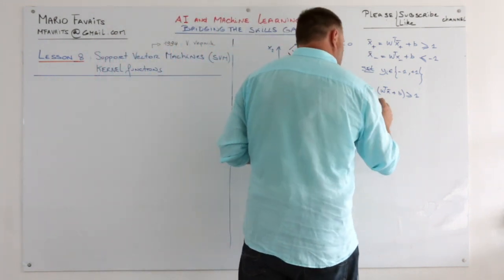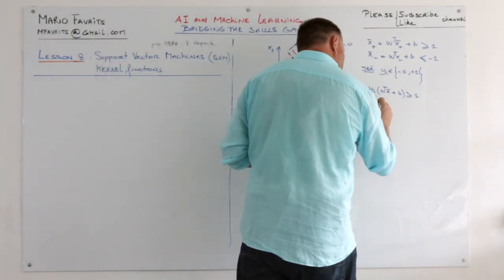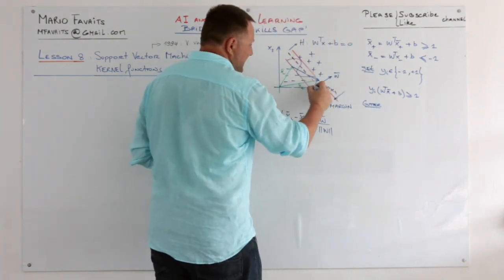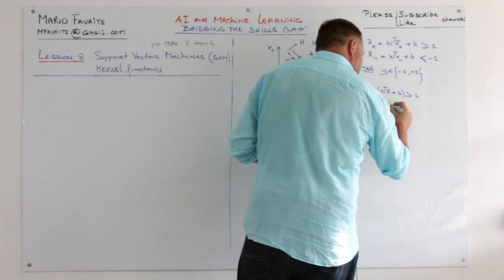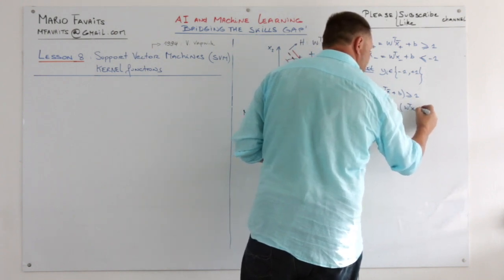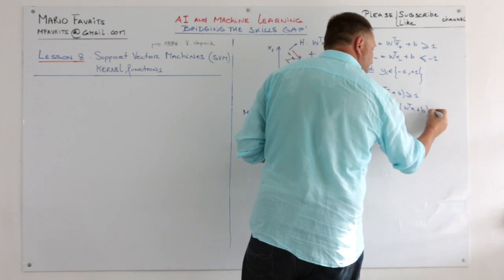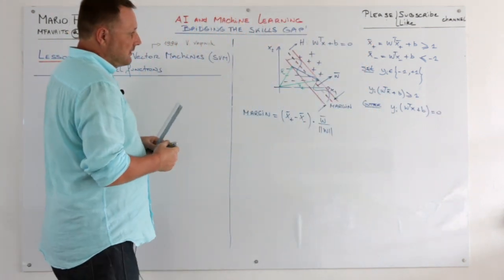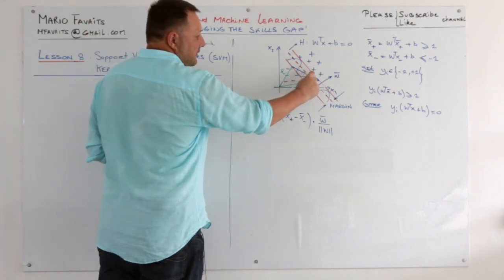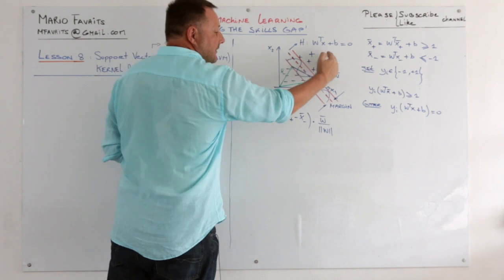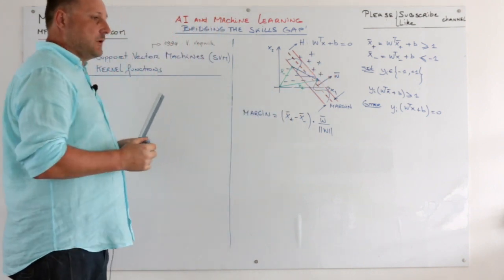Okay, and then in the gutter, I'd like yi times W transpose x plus b equal to 0. So in the gutter 0, on this side minus 1, and on this side of the gutter plus 1.